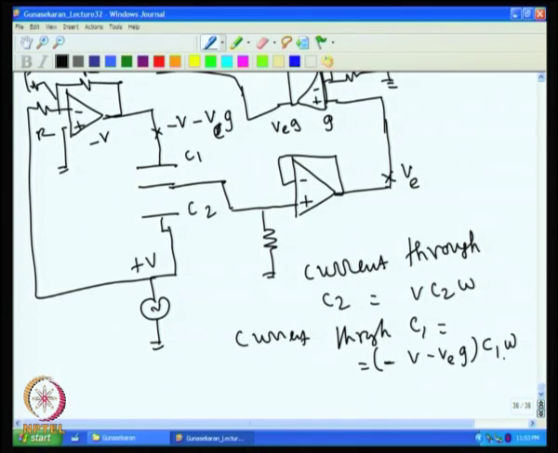Now, obviously for null we have to have these two equal. So, we will have V C2 omega equal to minus V minus VE into G into C1 omega.